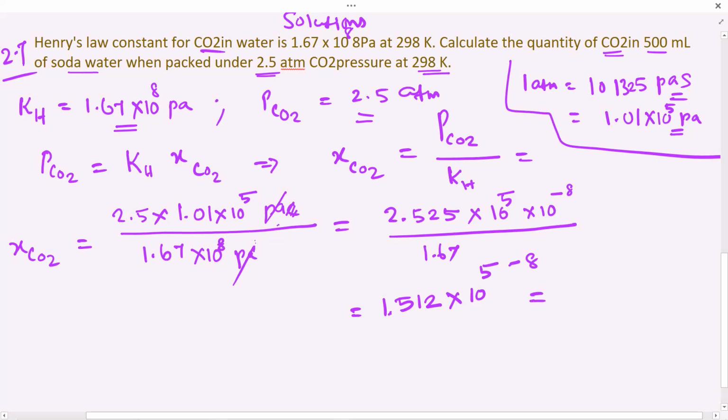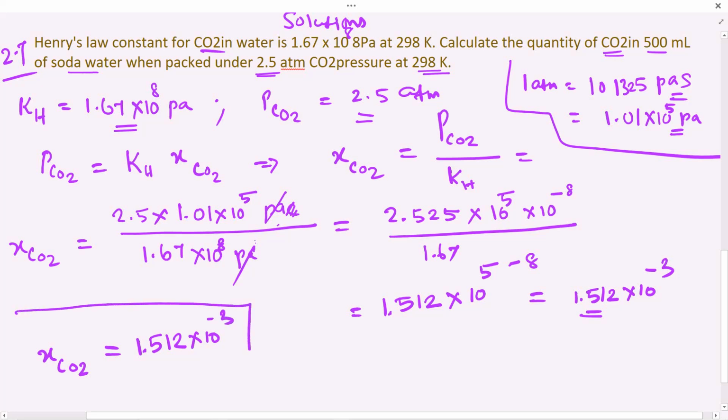So that can be written as 1.512 × 10^-3. That is the mole fraction of CO2. Let us write here X of CO2. The mole fraction of CO2 is 1.512 × 10^-3. The mole fraction is unitless, so there is no unit for it.